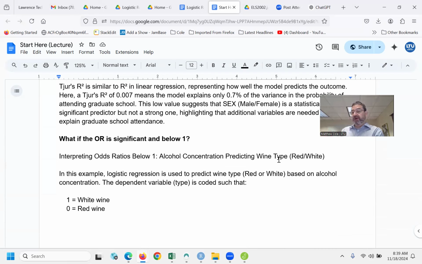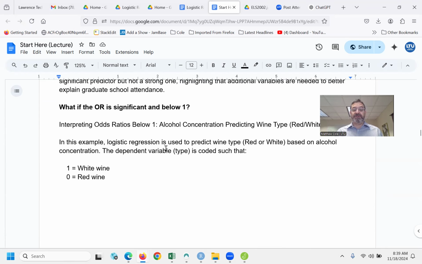Red is 0, and our results are about predicting white wine relative to red wine. Our independent variable will be alcohol concentration, right? So you can see here, we're coding red wine as 0, our reference class. So the results are about the odds of being a white wine versus being a red wine.